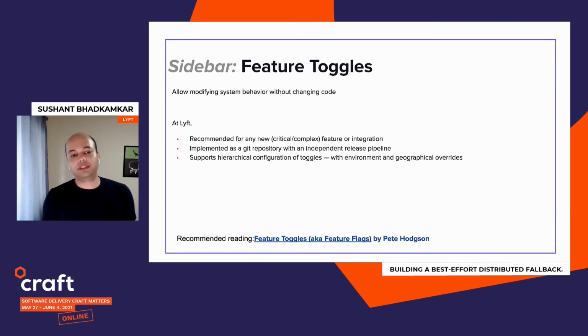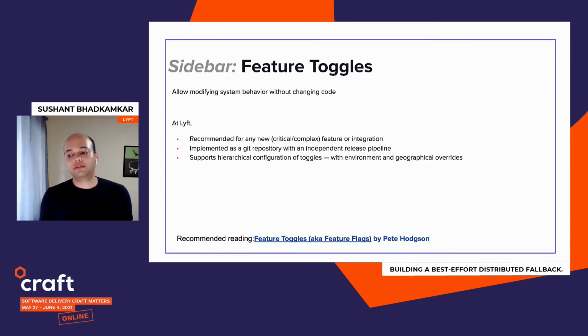What's interesting is that we support a hierarchical configuration of these toggles. So we can have environment-specific overrides, or we can have geographical overrides as well. When we try and fetch a value of a particular feature toggle, we can build context from the request that we are seeing.